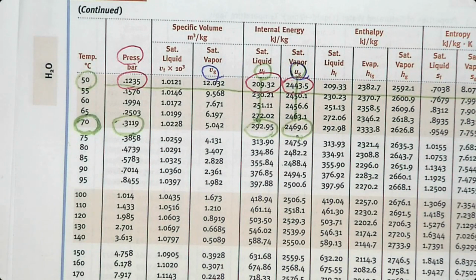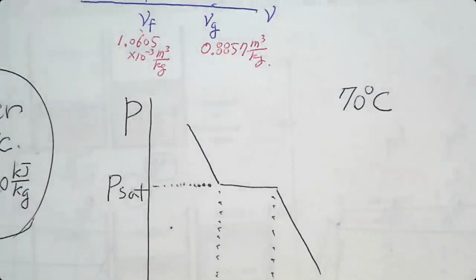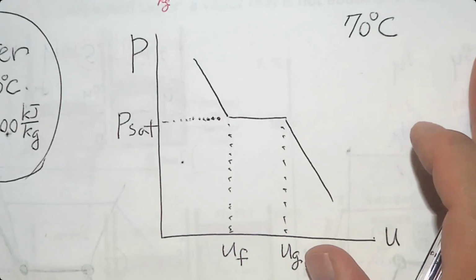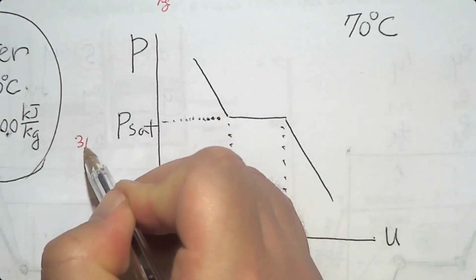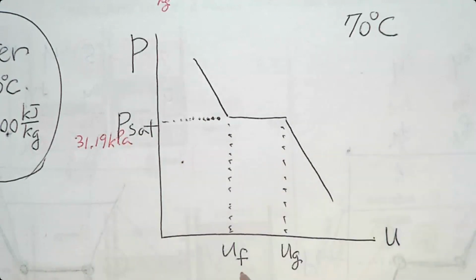And we want kilopascal. 1 bar is 100 kilopascal, so 0.3119 bar is 31.19 kilopascal. So let me write this value, 31.19 kilopascal, on this P sat.